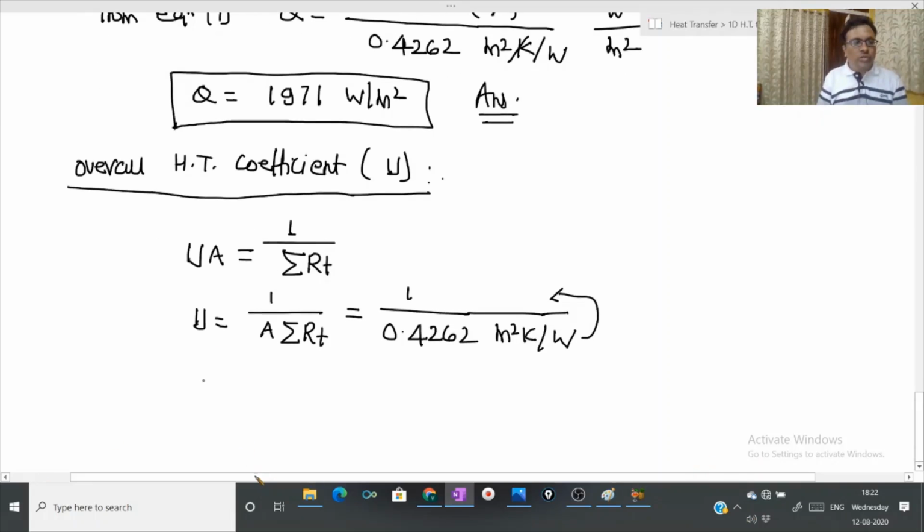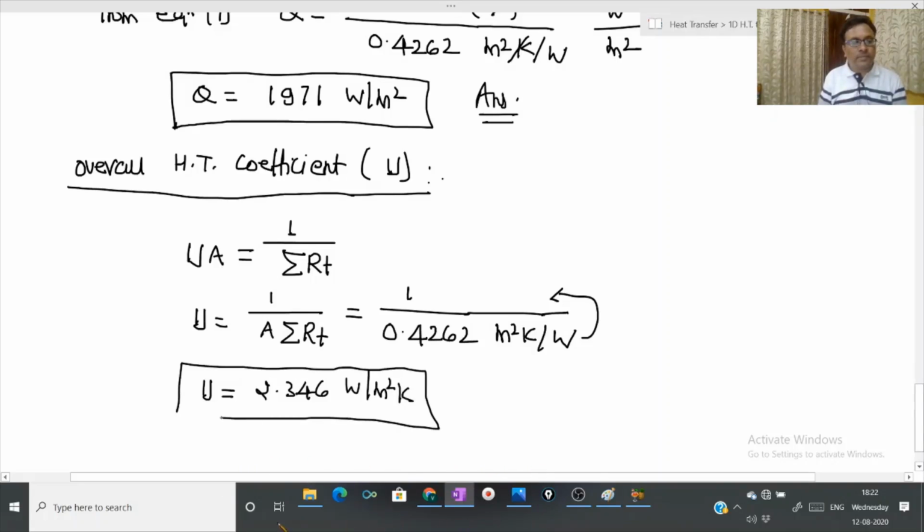So the value of U I will get as 2.346 watt per meter square Kelvin. And this will be answer number 2.